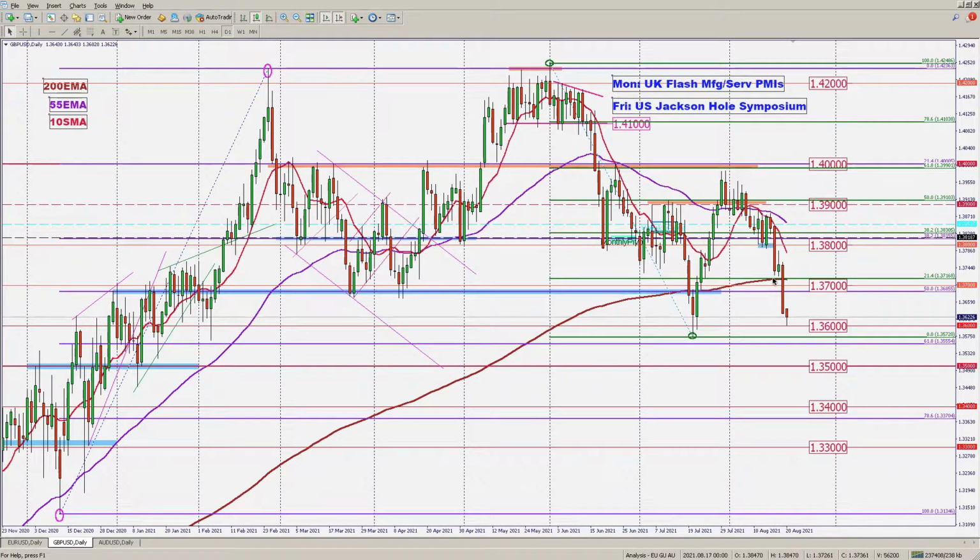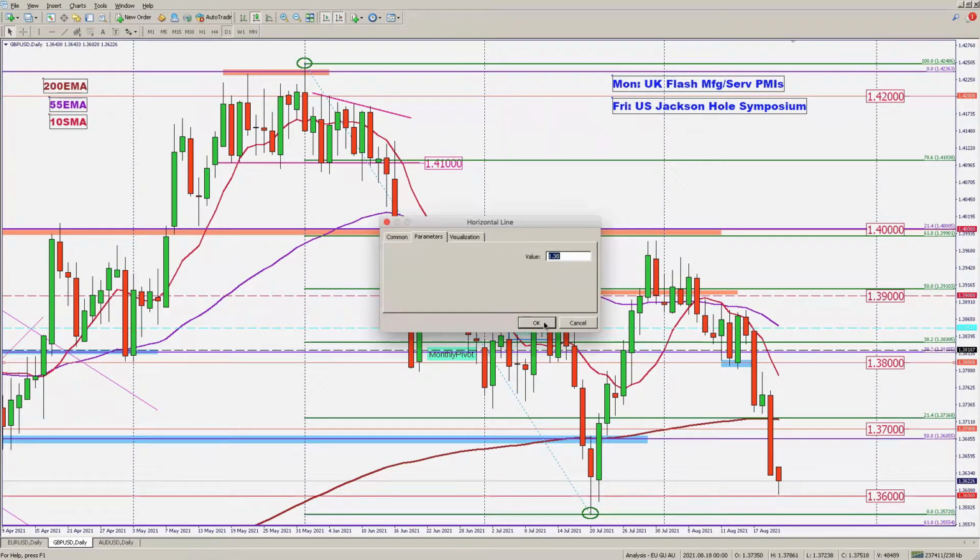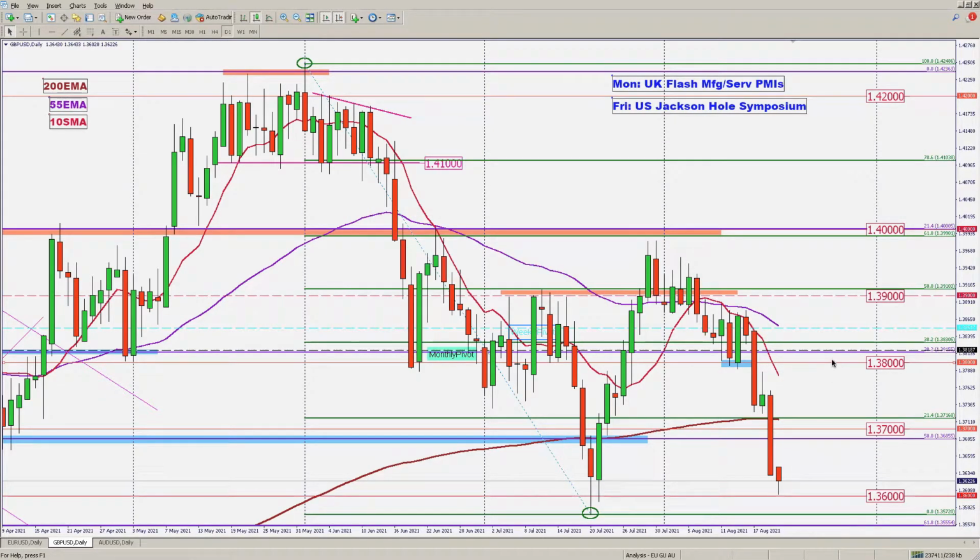The key one was at the 21 pip retracement of this swing move, right at the daily 200 EMA, just above 137. So this zone is now resistance.